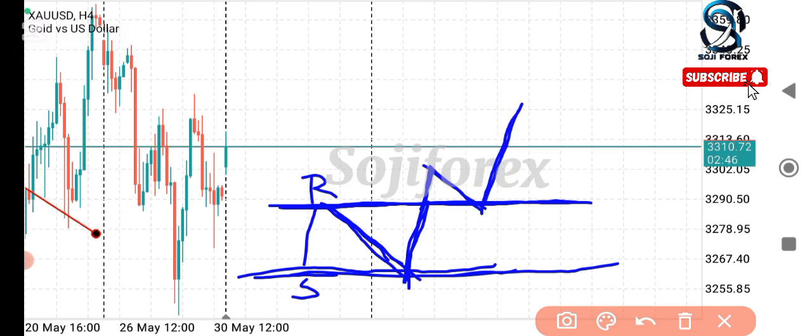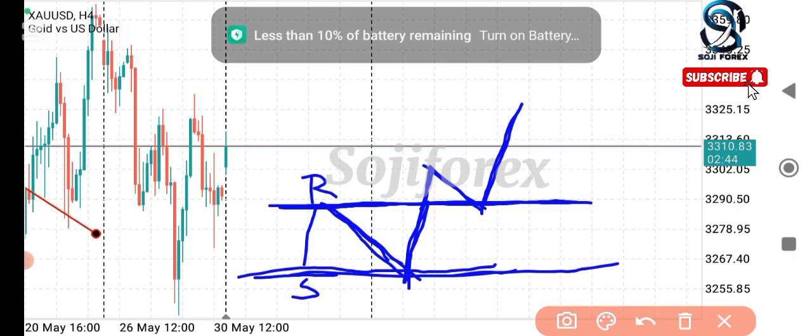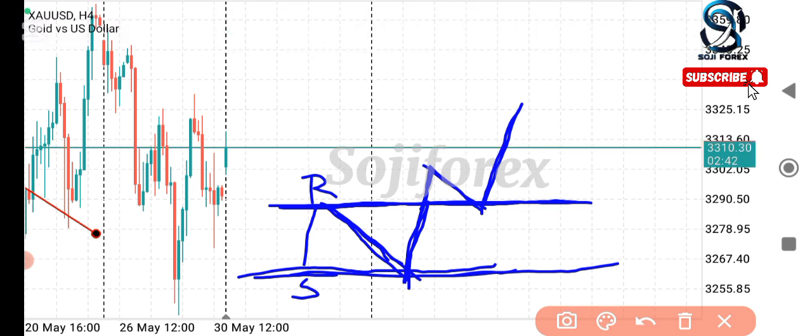So what this particular pattern means is that here is our support, and then this resistance was broken at this point. So price retests this zone. Whenever a resistance zone is broken and price retests it and continues to the upside, the resistance zone now automatically changes to a support zone.